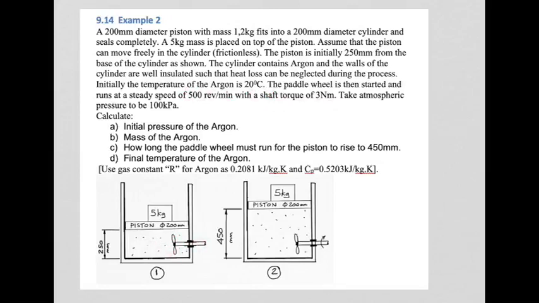What's going to happen is that work is going to be done on the argon, it's going to heat up, it's going to expand, and the piston is going to rise. And because the piston is frictionless, and because the mass of the piston and the mass on top of it doesn't change, the pressure is going to stay the same, in other words, the pressure here and here is going to be the same.